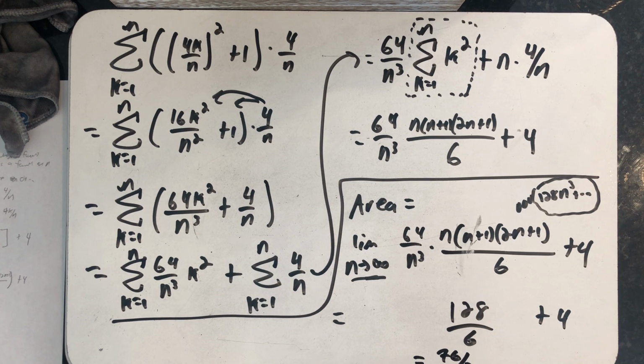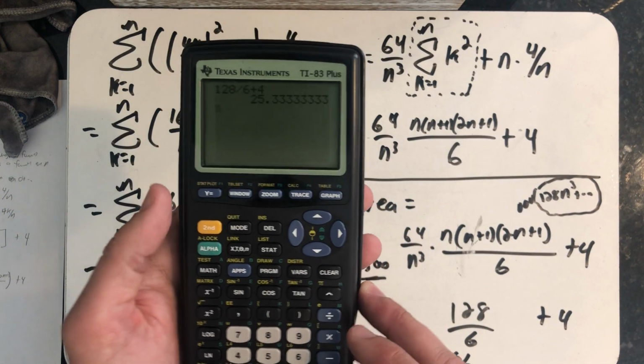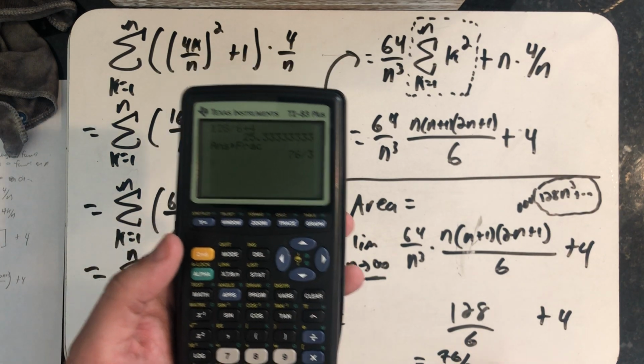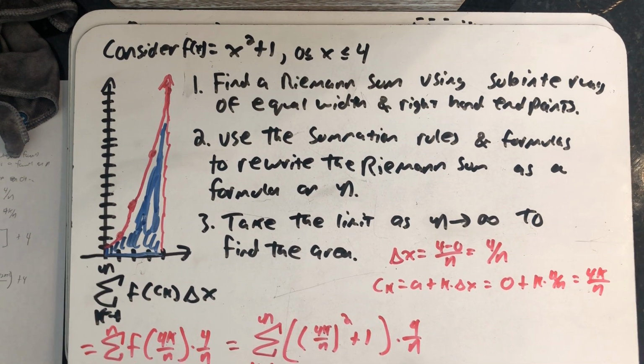I'm going to check that very quickly in my handy-dandy TI-83. 128 over 6 plus 4 is 25.33, and of course it is 76 thirds. We have found the exact area highlighted in blue here.